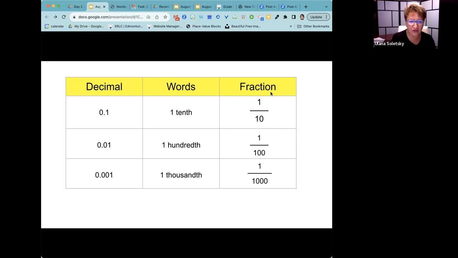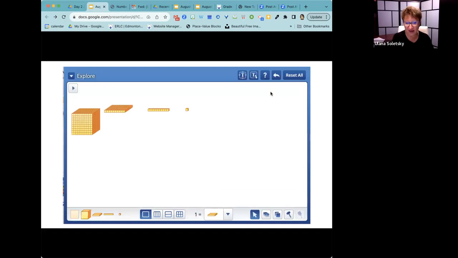How do I write 3 hundredths as a decimal or as a fraction? I don't have to think about the fact that it's 0.03. I know that it's 3 hundredths because I have 3 hundredths.